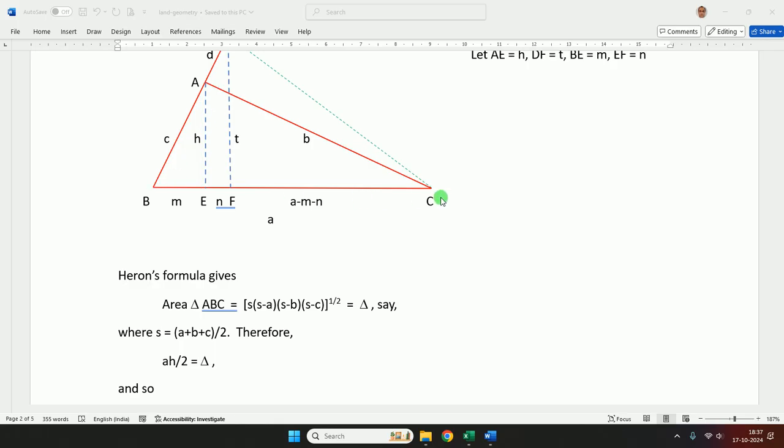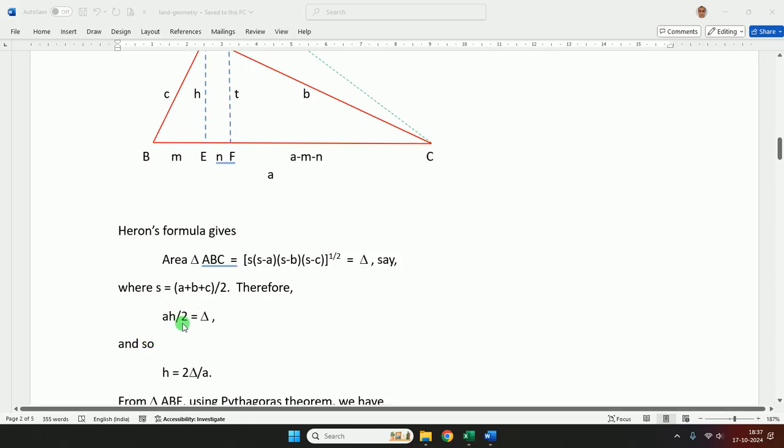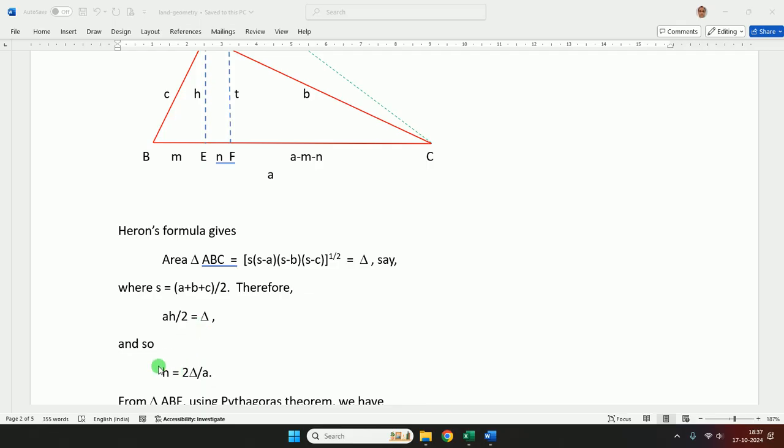Area is also given by the formula half base into altitude, that means half of a into h. So half of a into h is equal to delta. So h becomes equal to twice delta by a. Once a, b, c are known, delta is known and therefore h is also known.